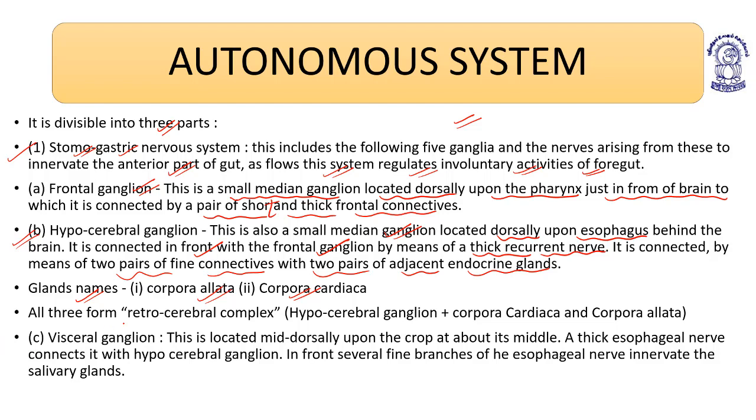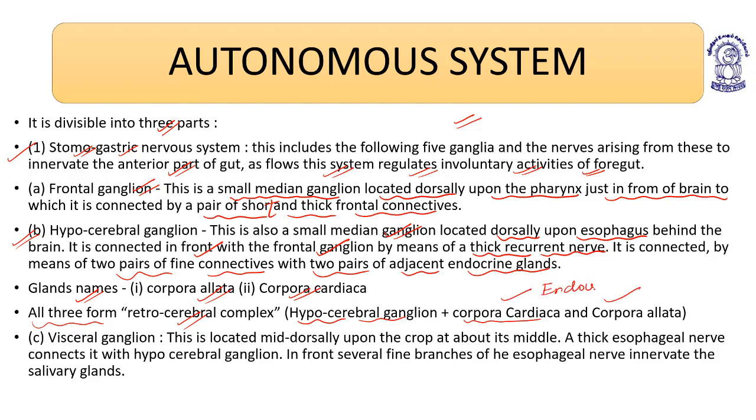All three form a retrocerebral complex. All these three, meaning the frontal ganglion, the hypocerebral ganglion, and the stomatogastric nervous system, form a retrocerebral complex, in which the hypocerebral ganglion along with the endocrine glands are also there.